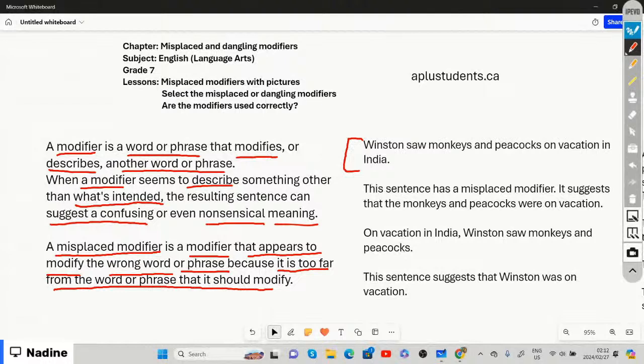Which means that this is called a misplaced modifier, because it's modifying the wrong word or the wrong phrase.